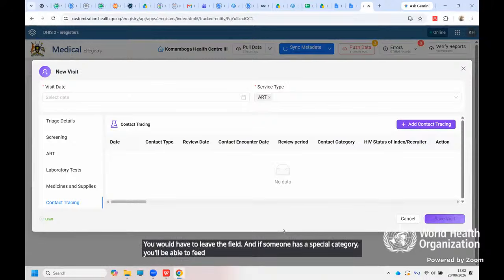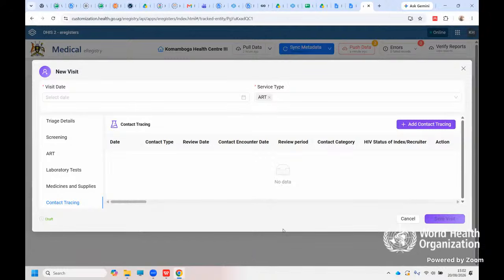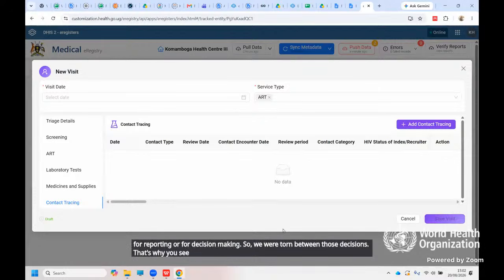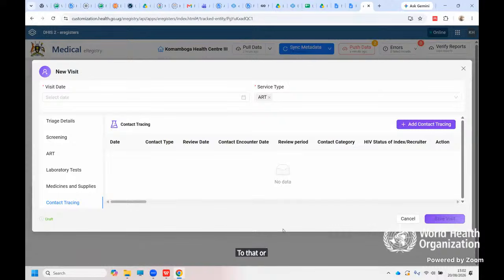We were trying to balance not putting a lot of restrictions while catering for all the needed fields or data for reporting or decision making. We were torn between those decisions. That's why some fields will be there for every visit, even when they are not applicable, for you to pick appropriately. I think that is the training we need to provide to all the users of the system.